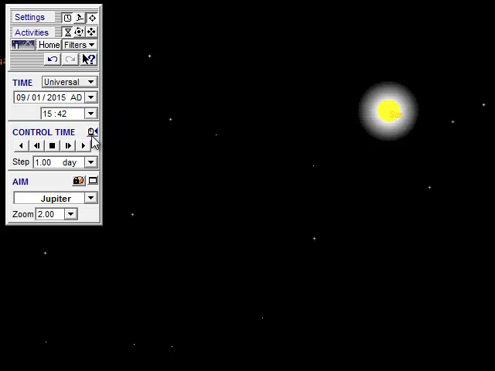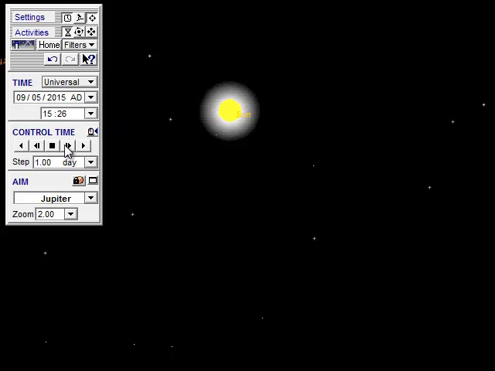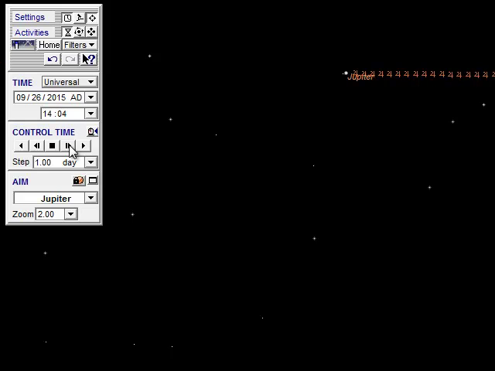Okay, Jupiter's just out of the picture, and I want to get the Sun out of here. There we go. Okay, so there's Jupiter actually coming into the picture. And as I go forward here, Jupiter moves right to left just as it should, and we are following it.